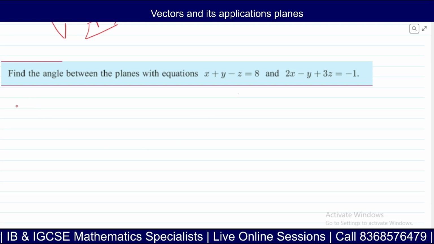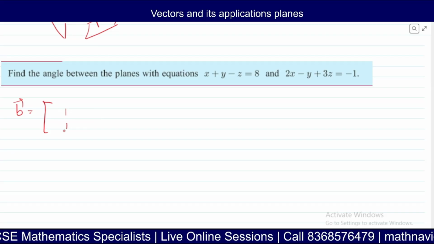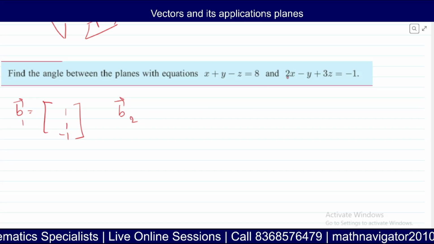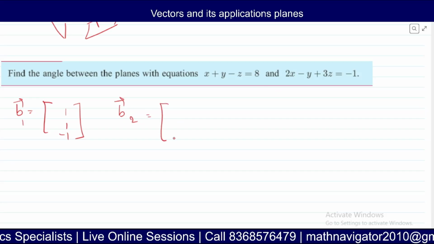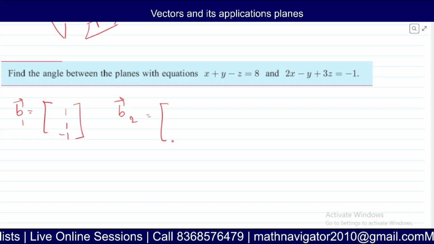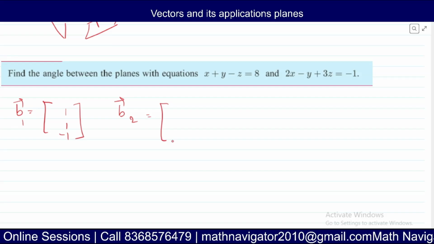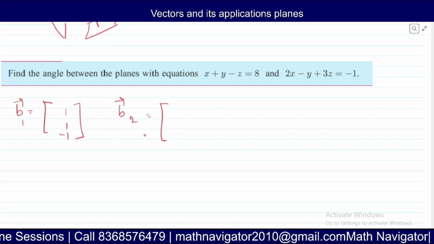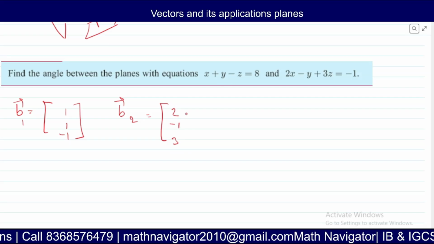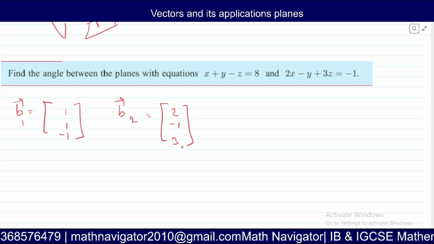So I just need to find vector b1, which is the normal vector of plane 1, (1, 1, -1), and vector b2, which is the direction vector of this plane, (2, -1, 3). Please refer to my previous videos because I have made the whole vectors topic in a series of videos. If you watch the whole series, you will find vectors very easy. Got it? This is the direction vector of this plane.